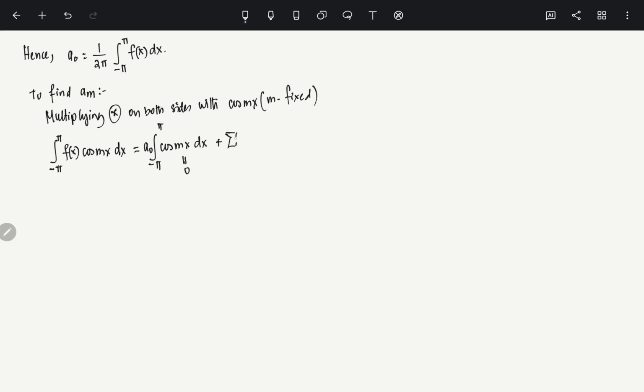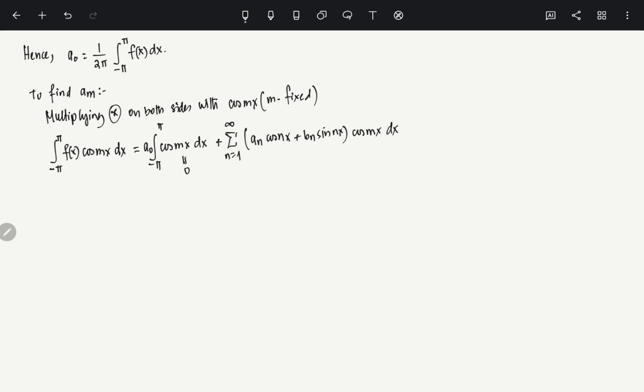Plus the summation. Again, this is term-wise integration; we are assuming that all of this is true, that we can integrate term by term. For now, let's just assume that. So this is n equals 1 to infinity, an cosine nx plus bn sine nx, times cosine mx dx.